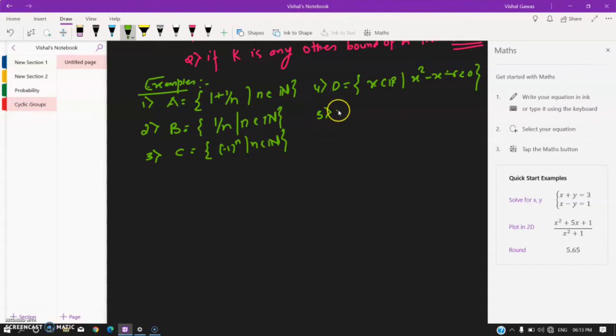Fifth one is the set of all 1 by n minus 1 where n is a natural number. And the sixth one, I can take F to be the set of all x cos x such that 0 is less than or equal to x less than or equal to pi by 2. These are my examples. All right.